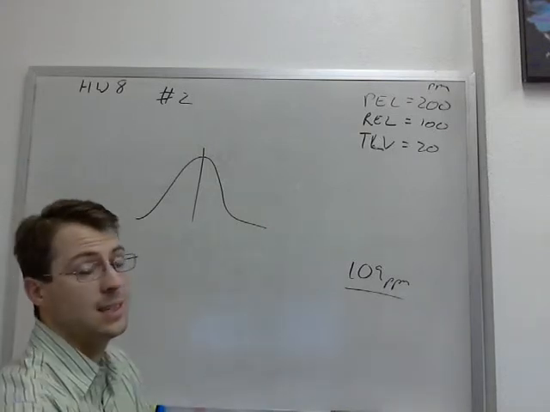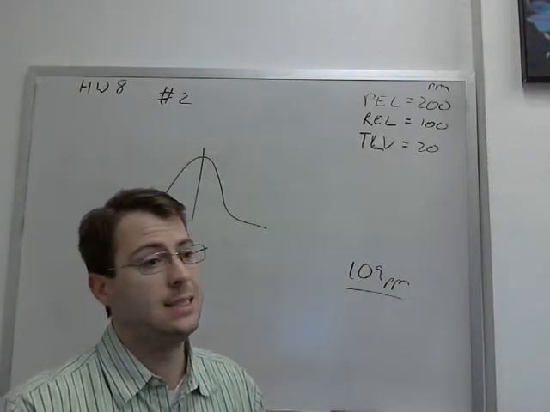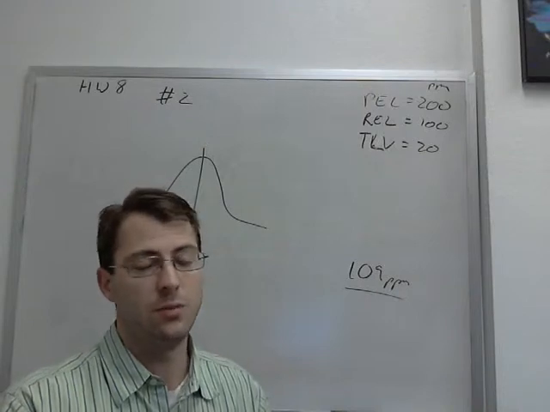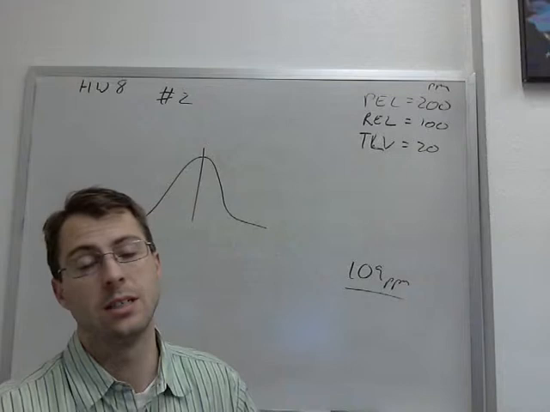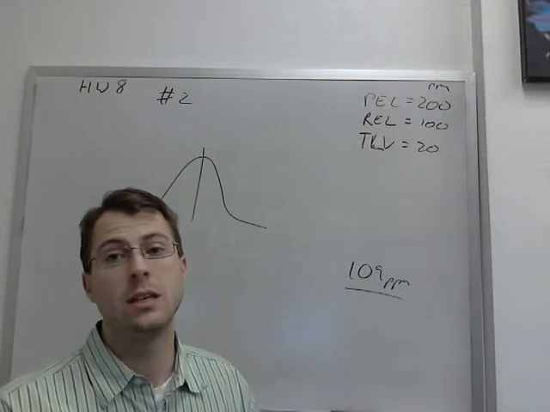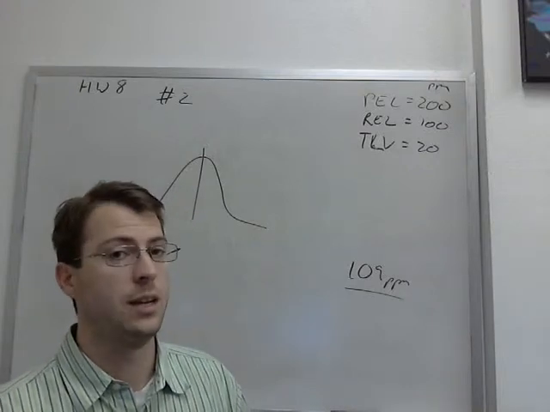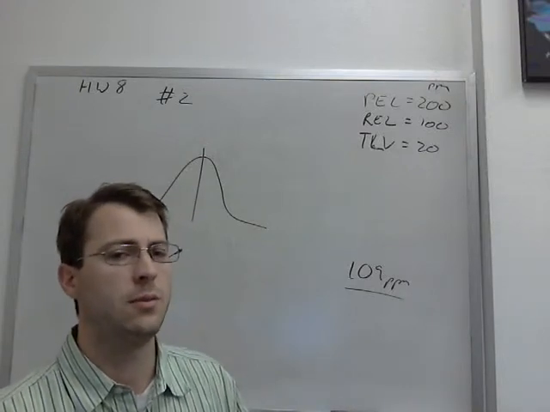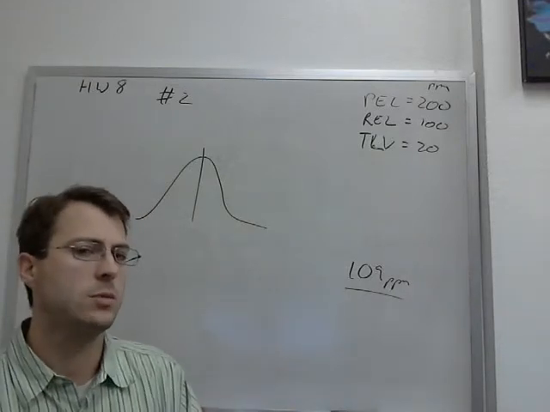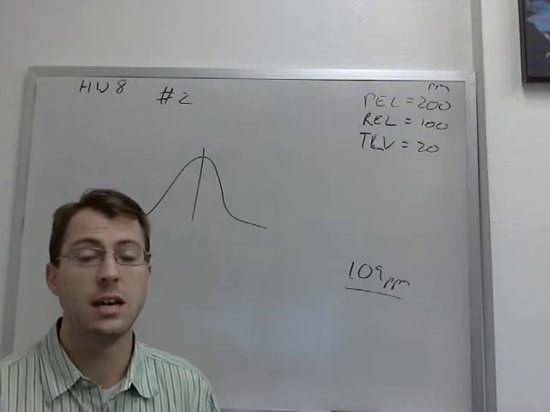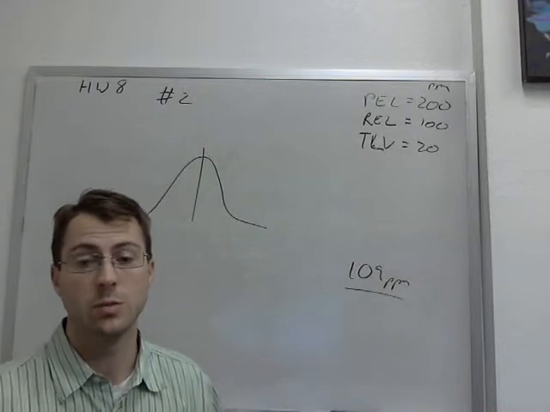But he recognizes that it could be that the stars just aligned poorly for him, and his pump was fluctuating on the high end of its tolerance, and the lab was on the high end of their tolerance. And so it could be that he's actually giving a 95th percentile overestimate. And so what he wants to know is, based off of the value that he does have, how low could that value possibly have been given the type of error associated with using this technique to measure an exposure.